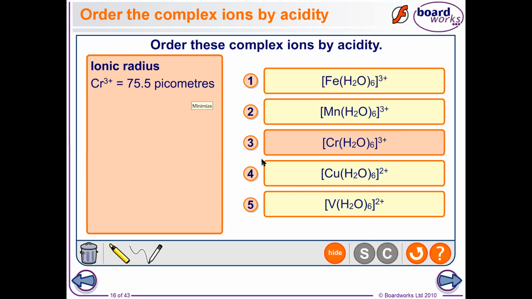Now just try to remember that the smaller the ion and the higher the charge, the more polarizing it becomes, which will facilitate hydrolysis of the oxygen and hydrogen bond, splitting the water molecule and releasing the H plus, the hydrogen ion, in the solution.